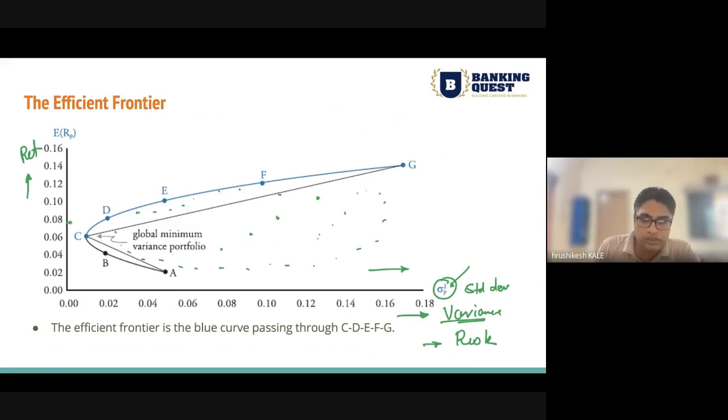So there is one asset whose risk is 12% and return is 8%. So it will come here. So I have taken all the assets and their portfolio here. And then what we did, we joined the outermost part of all the assets.